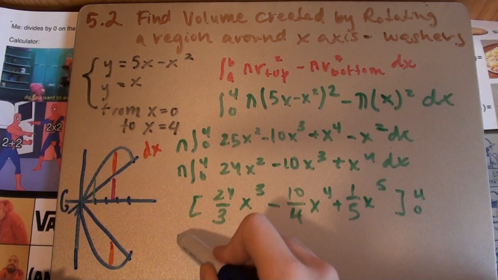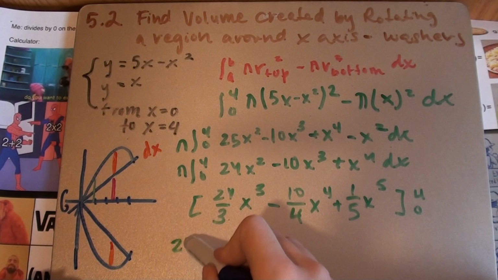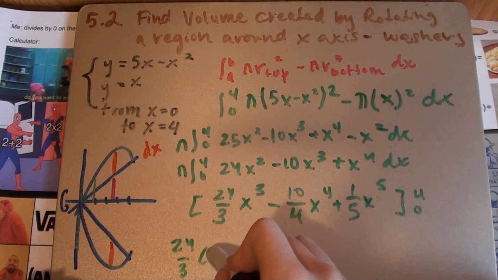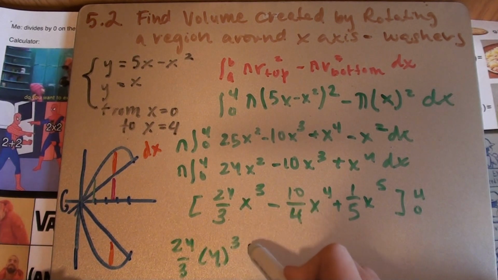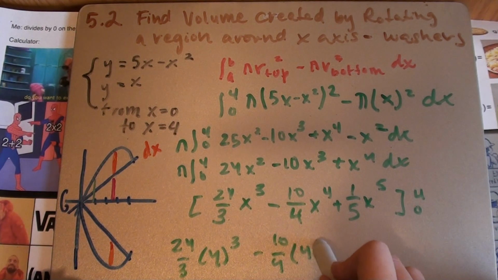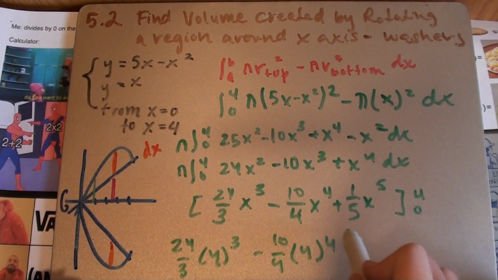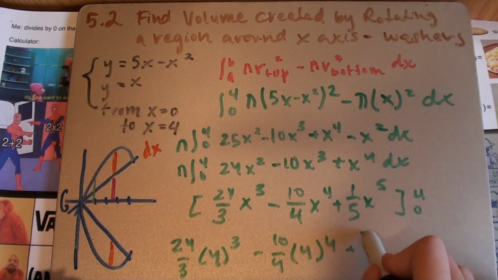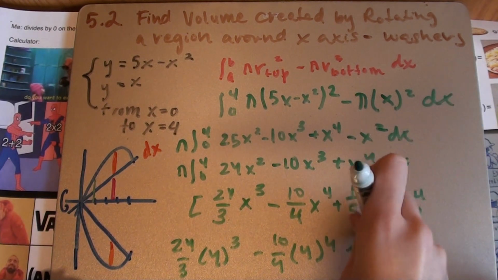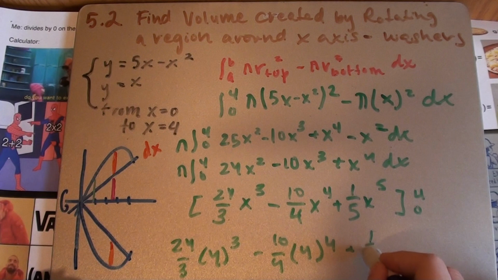So we're going to plug in 4. We're going to have 24 over 3 times 4 cubed minus 10 over 4 times 4 to the 4th plus, oops, that's supposed to be 1/5 times 4 to the 5th.